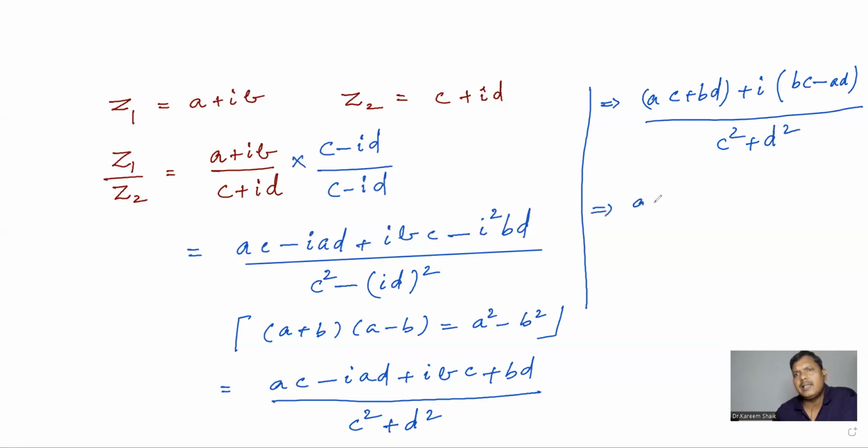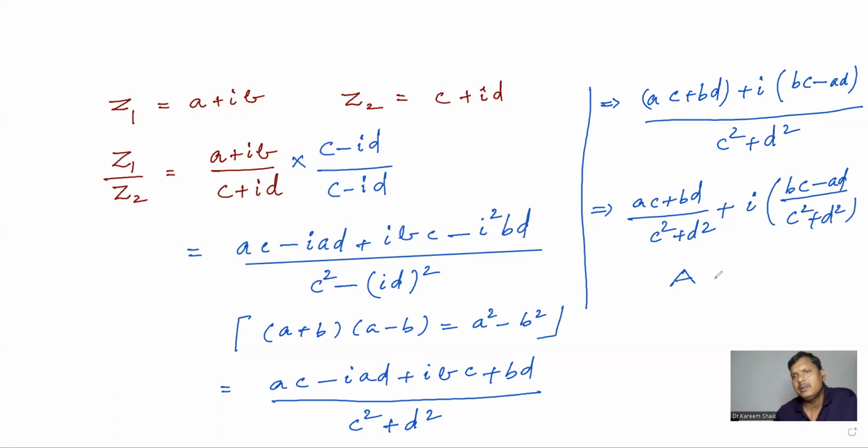Now, can I write it as ac plus bd upon c square plus d square, plus iota times bc minus ad upon c square plus d square. If I represent ac plus bd upon c square plus d square by capital A, and bc minus ad upon c square plus d square by capital B, then it will be A plus iota B.